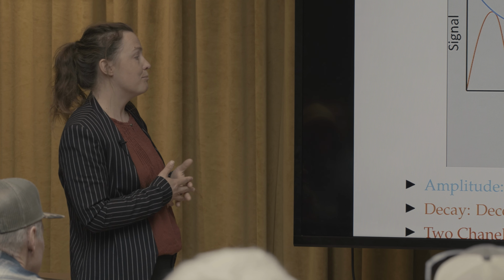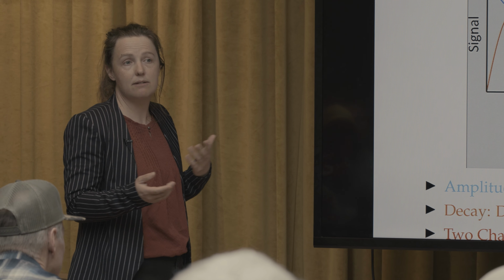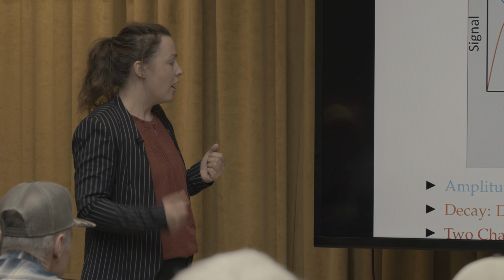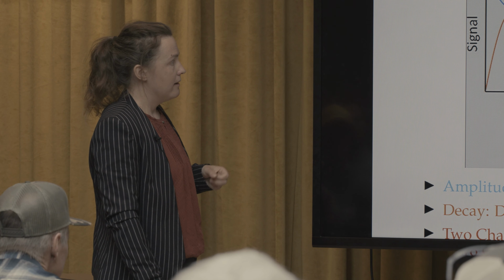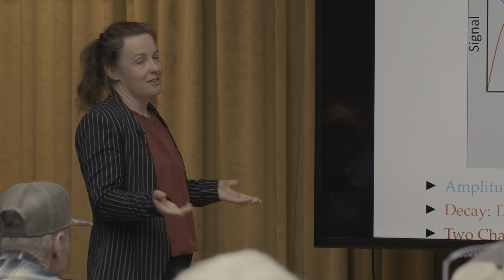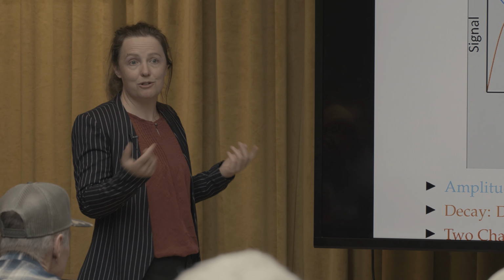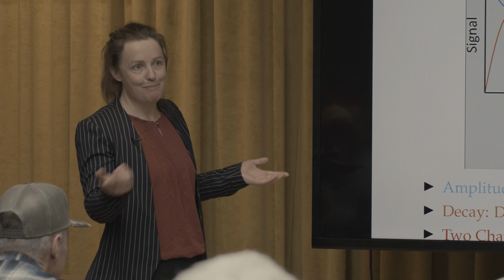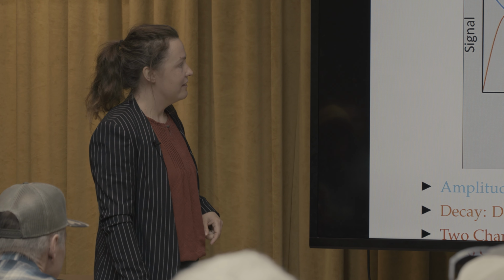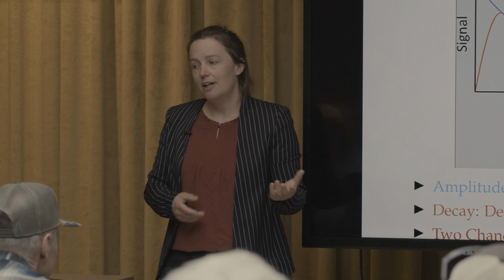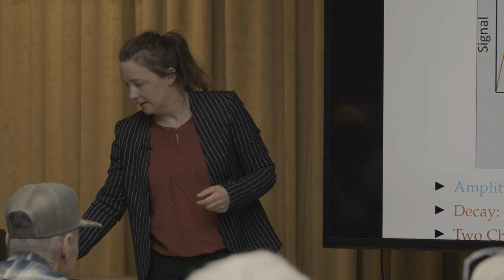So the decay will tell you the decoherence, so it can be impacted by flow or other types of interactions. And as any time with pulsing signals, we can measure in 2 channels, a real and an imaginary channel, and this will give you the amplitude and a phase measurement.